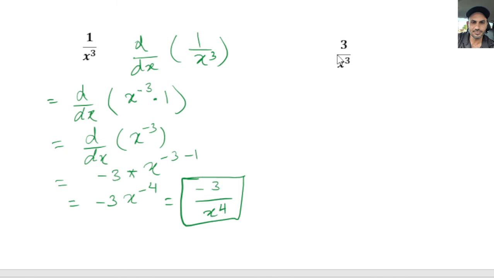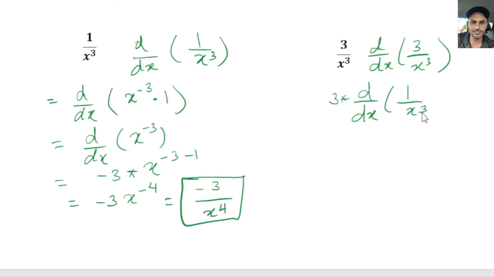And similarly here we have this function. We want to take the derivative of 3 over x cubed. Now we have a coefficient. Let's take the coefficient out first, this 3, from the derivative. So 3 times d over dx of 1 over x cubed.